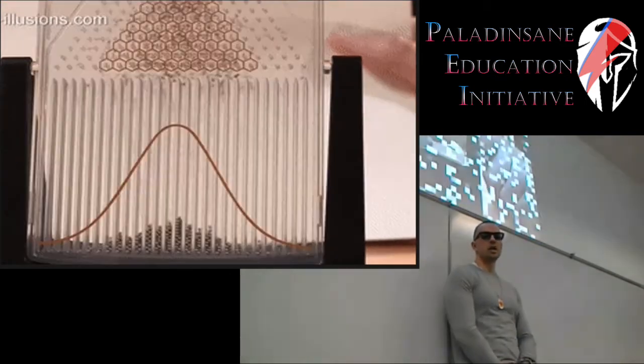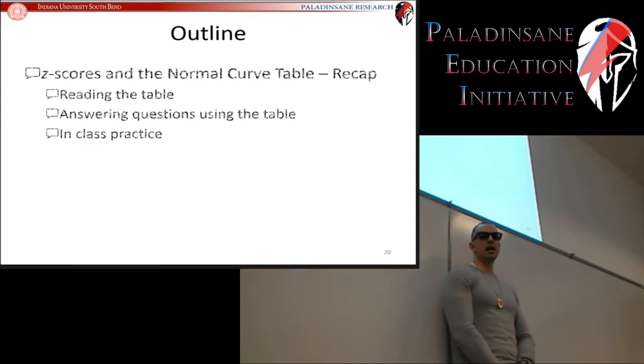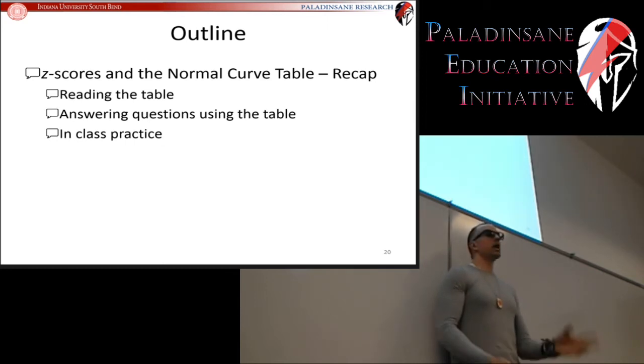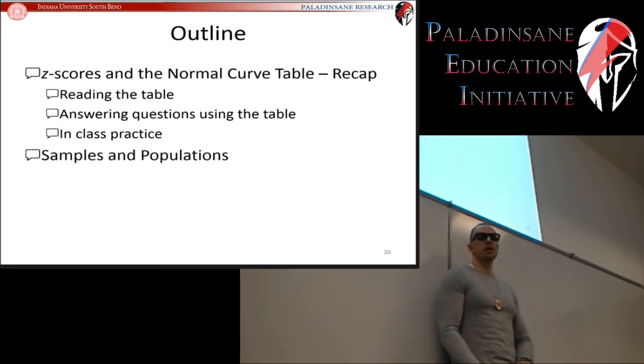for psychologists. So what we're going to do today is have a real quick recap of how to do z-scores and the normal curve table. Then we're going to have a little time for in-class practice. Once we're done, we're going to take a very brief intro to samples and populations, because we are now coming up to the point where that difference is going to become really important.